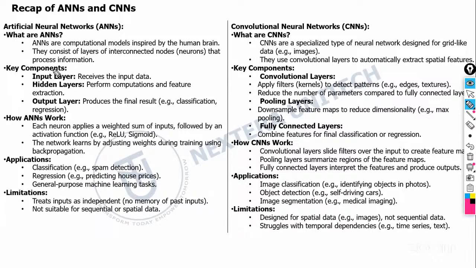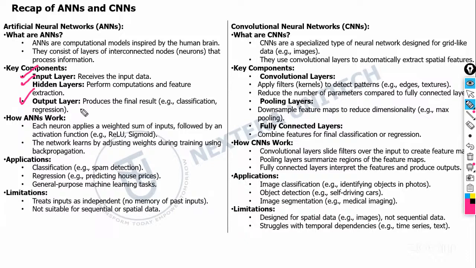Within an ANN, you'll have three main layers: input layer, hidden layer, and output layer. The input layer receives the input data, and within the hidden layers we perform the computations. The hidden layer also helps us extract the features present in the input data, and the output layer produces the result.